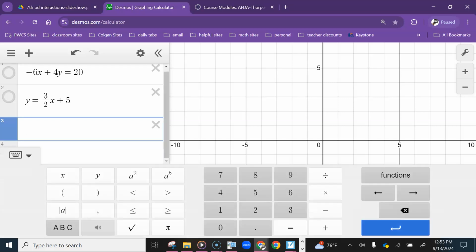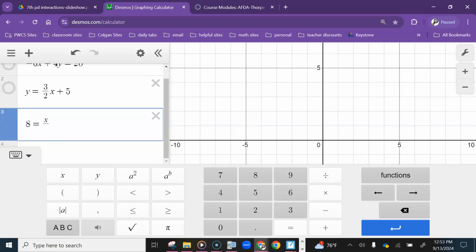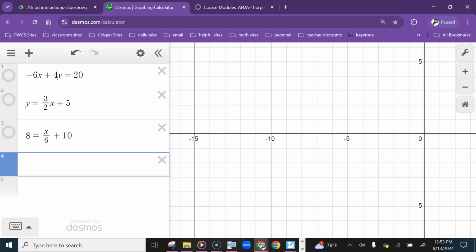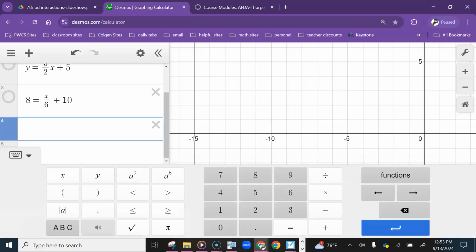Number 1, if I type in that equation, 8 equals x over 6 plus 10, I would get a line at -12, and that would tell me that one is my answer. For 2, I would need to put in everything but change the b to an x.